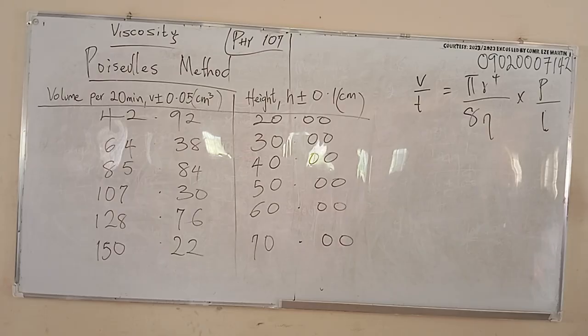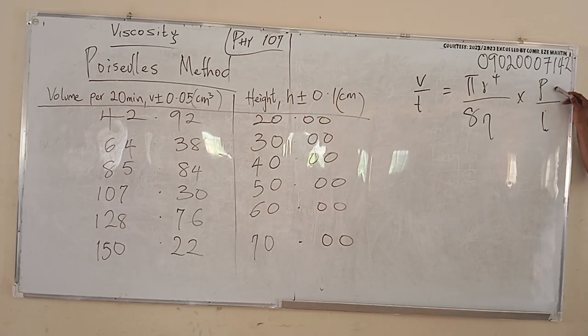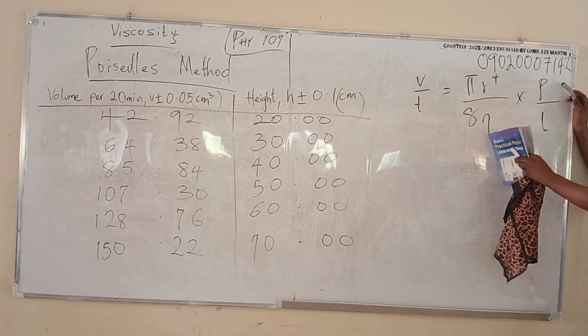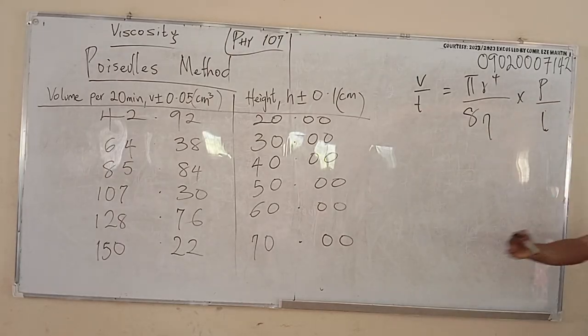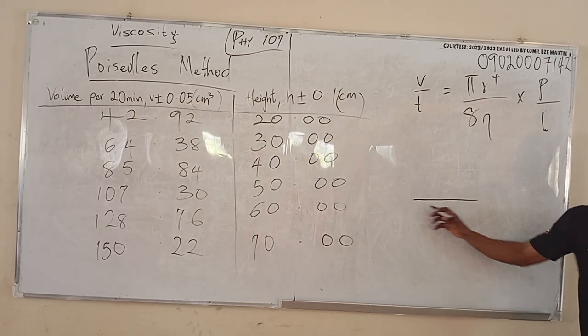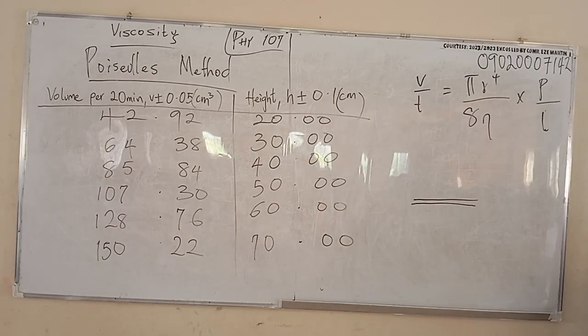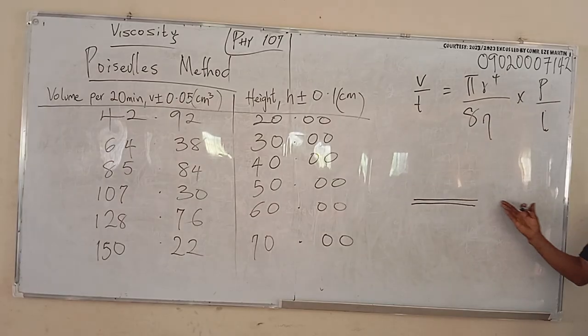Now, the higher the volume flow rate and the higher the pressure, it means that viscosity will be lesser. What you know is that viscosity simply means friction. It doesn't want you to flow. It will be lesser. Now, this L means the length of the capillary tube. Notice that if the capillary tube from where the water is coming is longer, it simply means that it will take longer for the liquid to flow out.